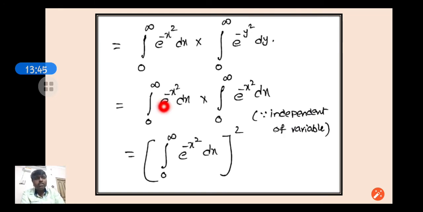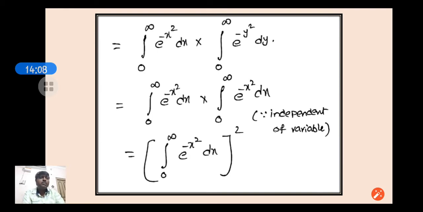Okay, see here. Now the same thing I am writing once again here: integral 0 to infinity e power minus x square dx, and here integral 0 to infinity e power minus y square dy. I am writing x itself in place of y. Why? Because it is a definite integral. If you change the variable, the value of the integration will not change.